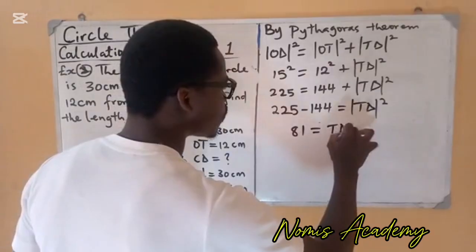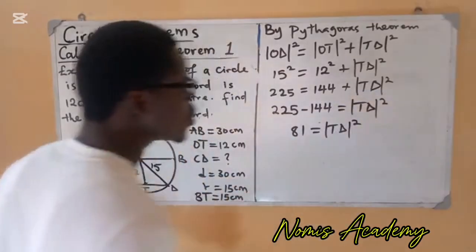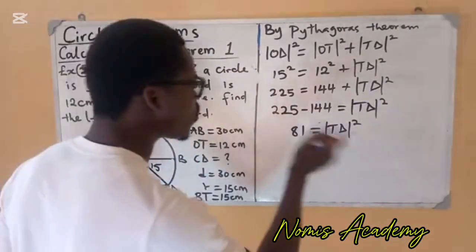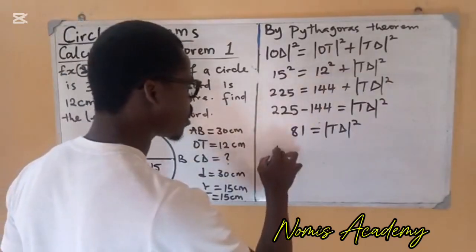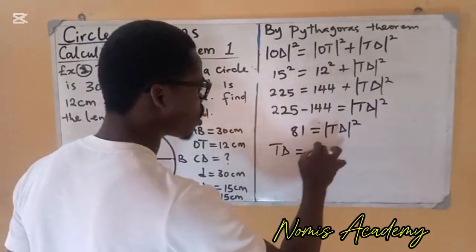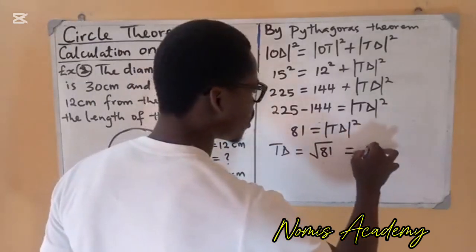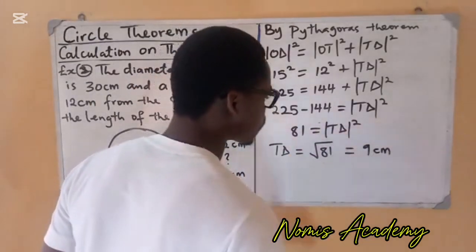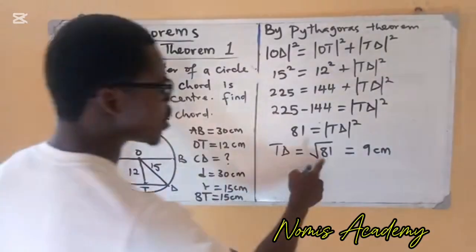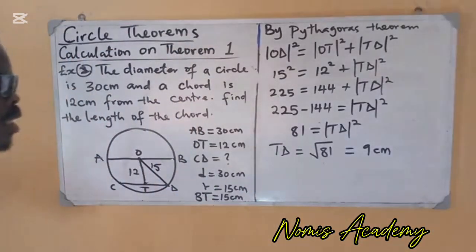So TD square is equal to 81. So take the square root of both sides. TD is equal to the square root of 81, and that will give us 9 centimeters.